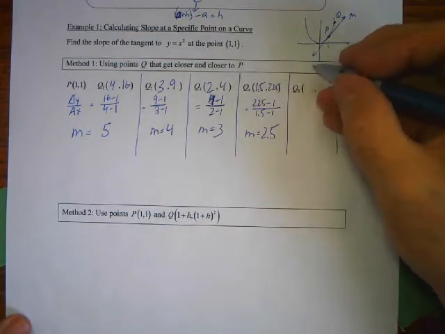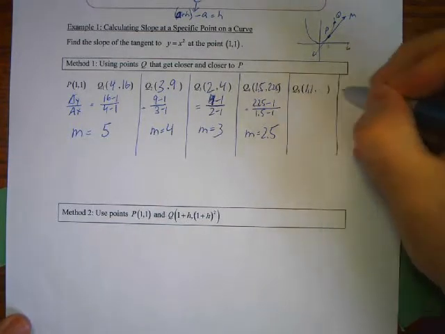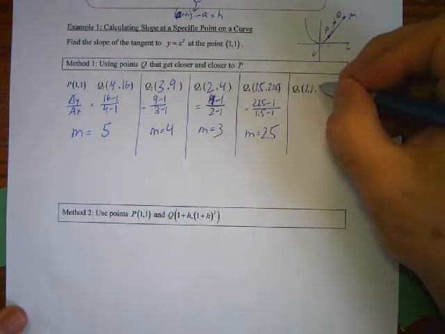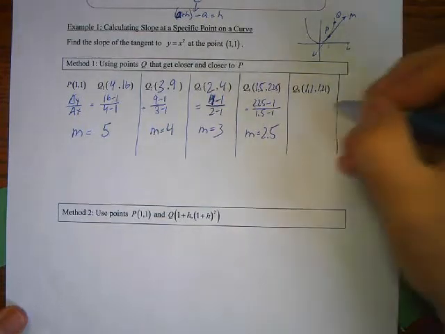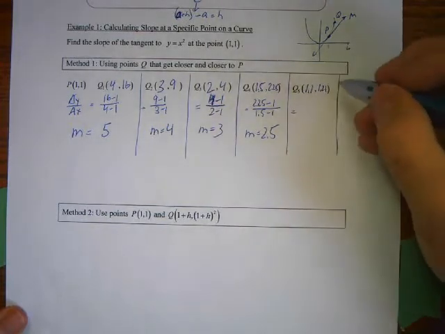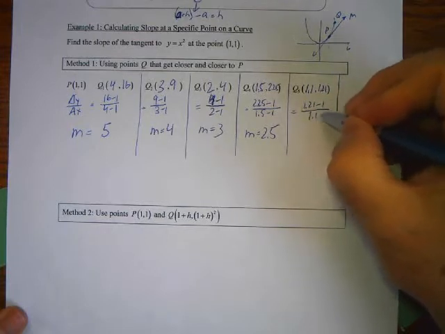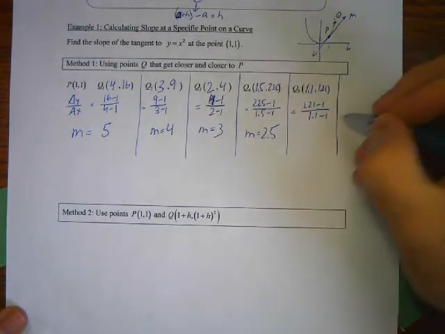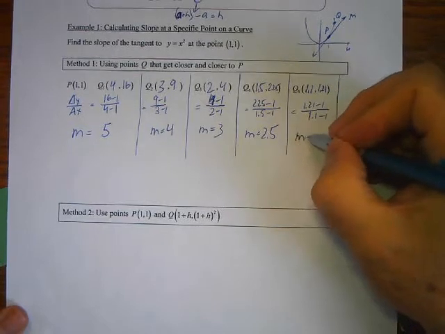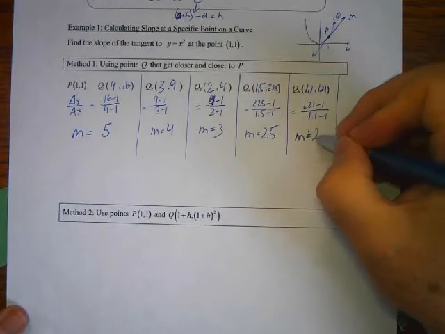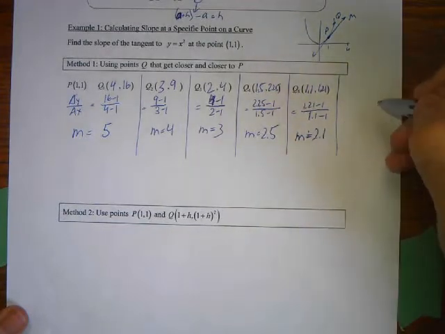Now let's go even closer. For Q5, if x was 1.1 and we square that, we get 1.21 for y. Delta y over delta x is 1.21 minus 1 over 1.1 minus 1, and if you do that calculation, you have to round this time, approximately 2.1. It seems to be slowing down.